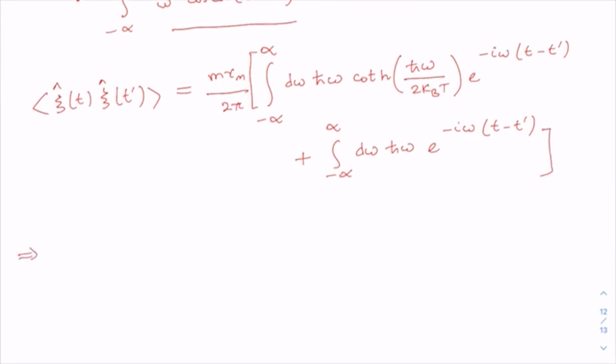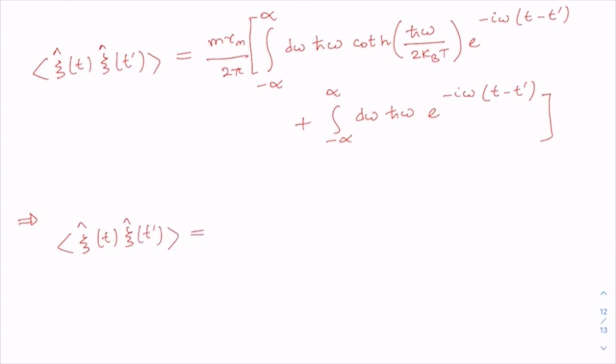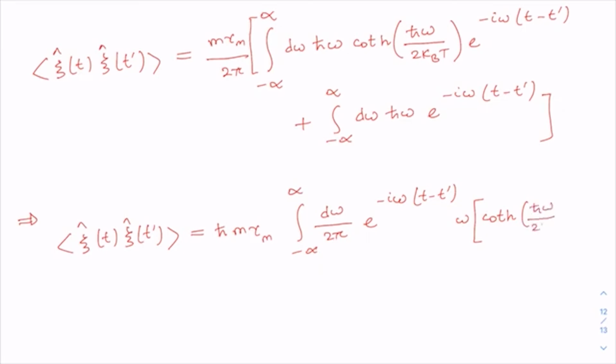Or in short, I can write this very useful expression which you will encounter in many research papers. It would be simply ħ mγm times the integral from minus infinity to plus infinity of dω/2π e to the power minus iω(t − t') times ω times coth(ħω/2kBT) plus 1.